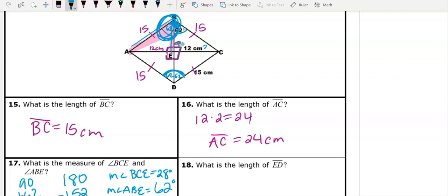No, 28 is right here. BCE. So this angle is 28, which means this angle is 28 on the left and right sides, but now it's looking for ABE, which is on the top there, which we said was 62.